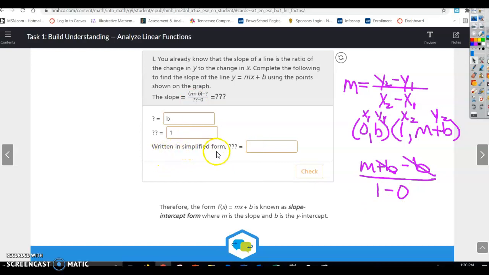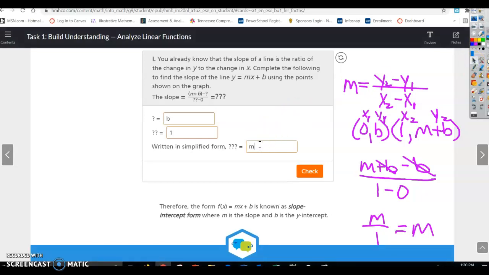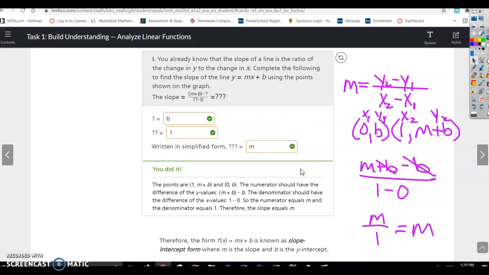And then written in simplified form, that's the 3 question marks right here. So if I cancel the b's, a plus b and a minus b give me 0. I'm just going to be left with m over 1, because 1 minus 0 is 1, which is just equal to m. And that's how we get that slope equals m.